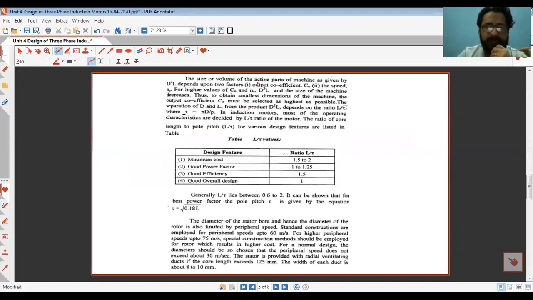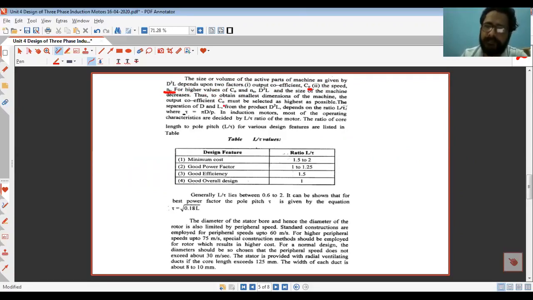Now, the size or volume of the active parts of the machine is given by D square L. It depends upon two factors: output coefficient C naught and speed NS.